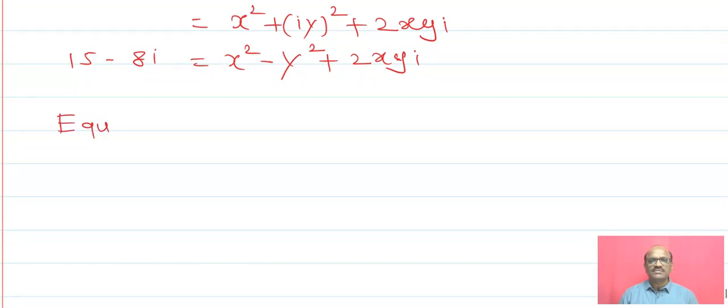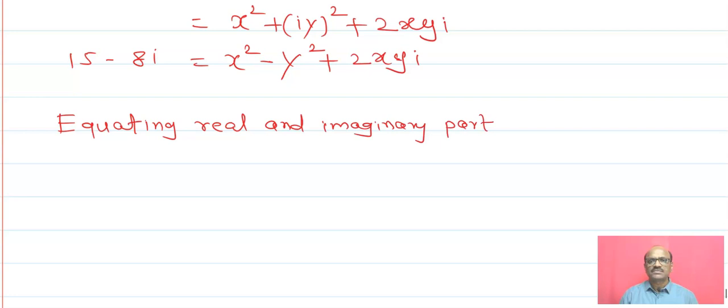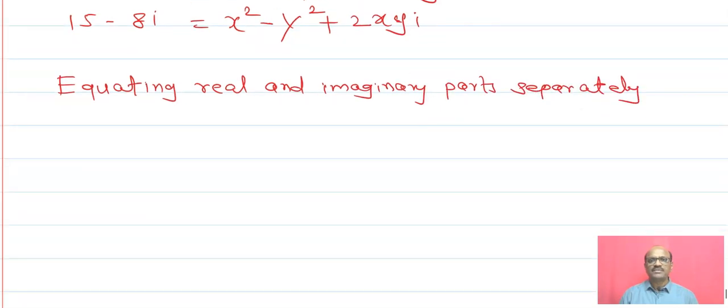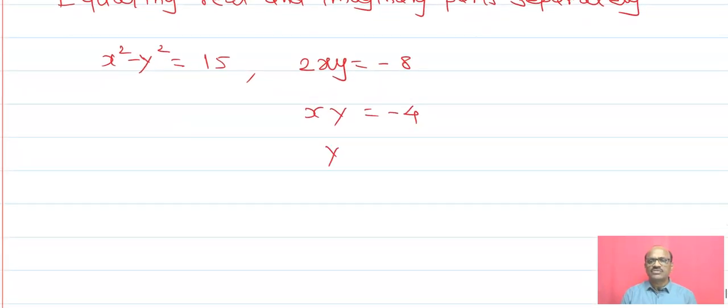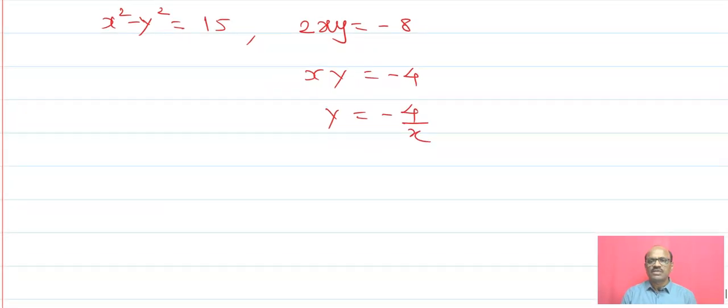Now here, equating real and imaginary parts separately, you will get x square minus y square is equal to 15 and 2xy is equal to minus 8, xy is equal to minus 4, that is y is equal to minus 4 upon x.